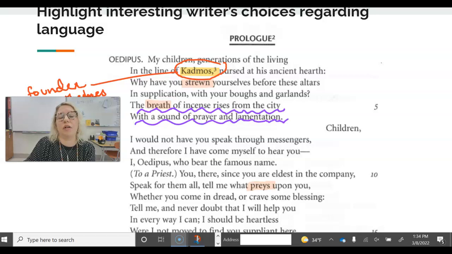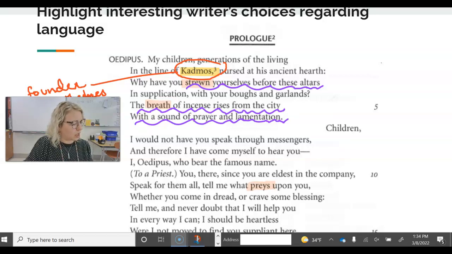We have our sight evoked, our smell evoked, our hearing evoked as well. Best imagery maybe comes early in this text.